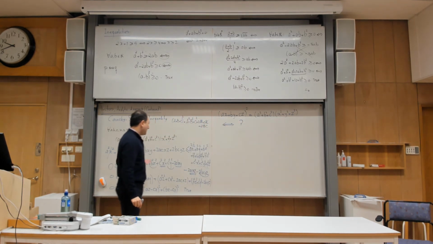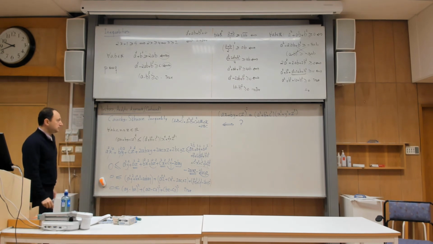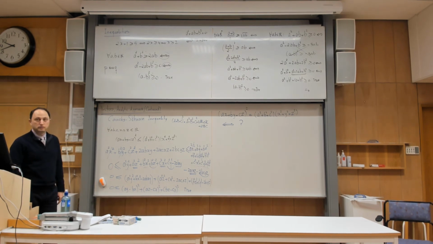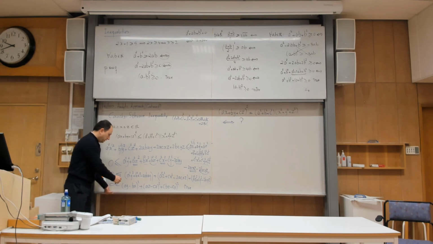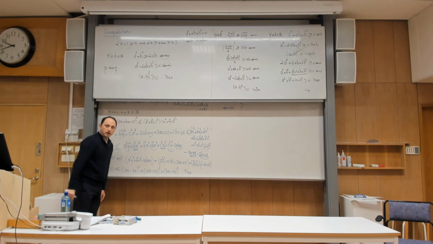This you can immediately answer if you learn what I told you there about equality signs. When this equality happens, yes? When they become 0. When this becomes 0, which means each one of them has to be 0.